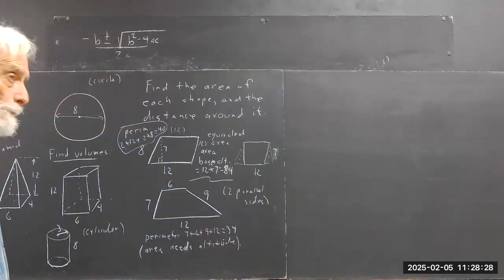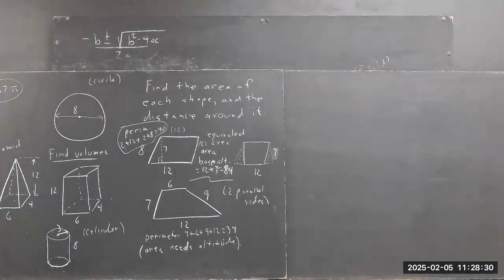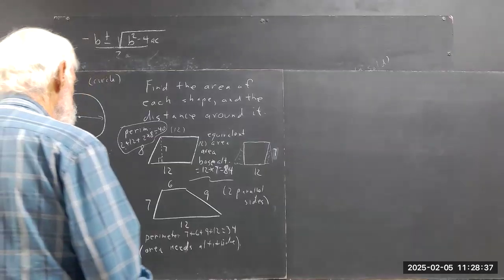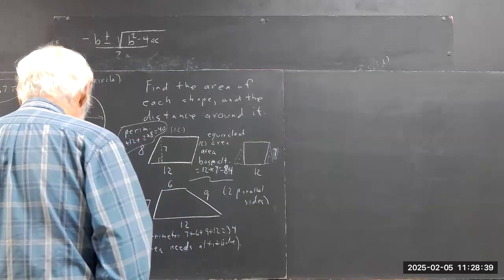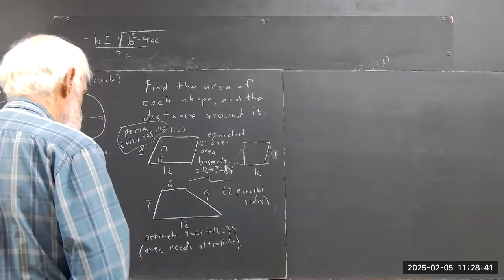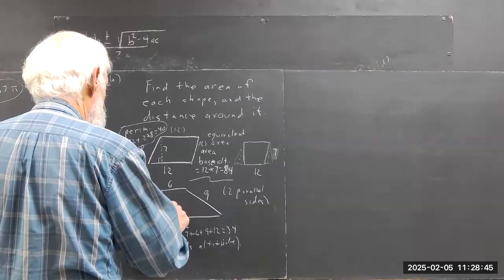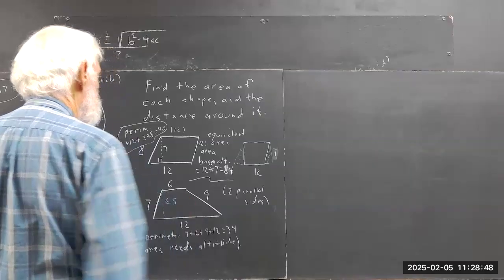You don't have the altitude. So you would not have been able to calculate the area of this thing. Now, if I give it an altitude, so I'm going to go ahead and say the altitude here is like 6.5.